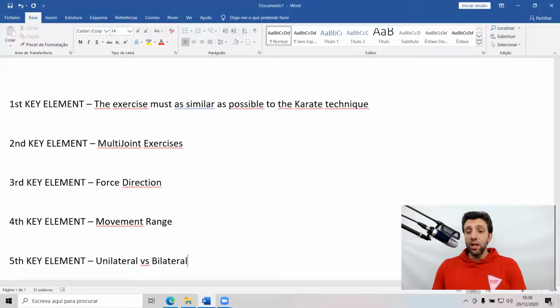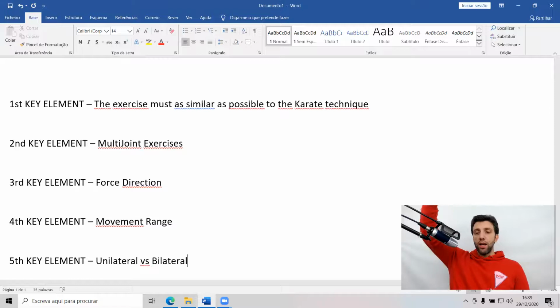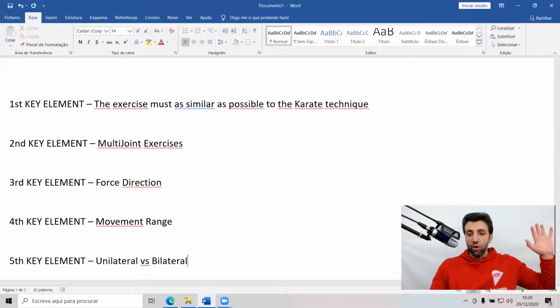But there is another one: the strength. The load you can put in the exercise will be greater in bilateral exercise. In other words, when you perform, for example, a shoulder press with a dumbbell, let's suppose you lift 10 kilograms.